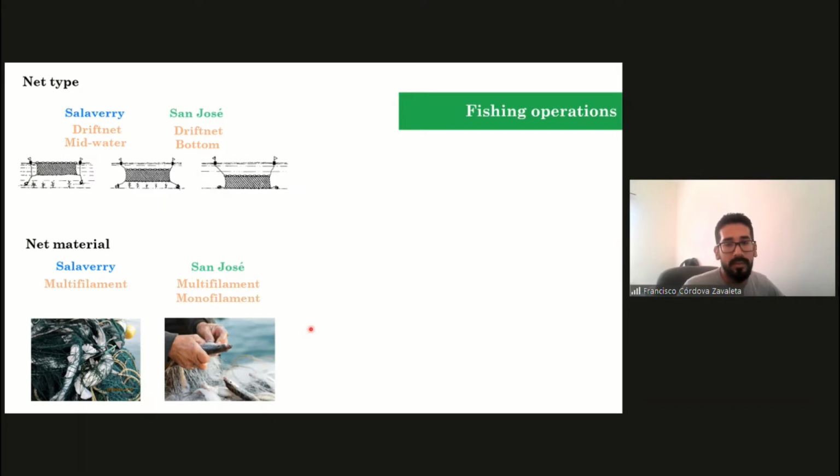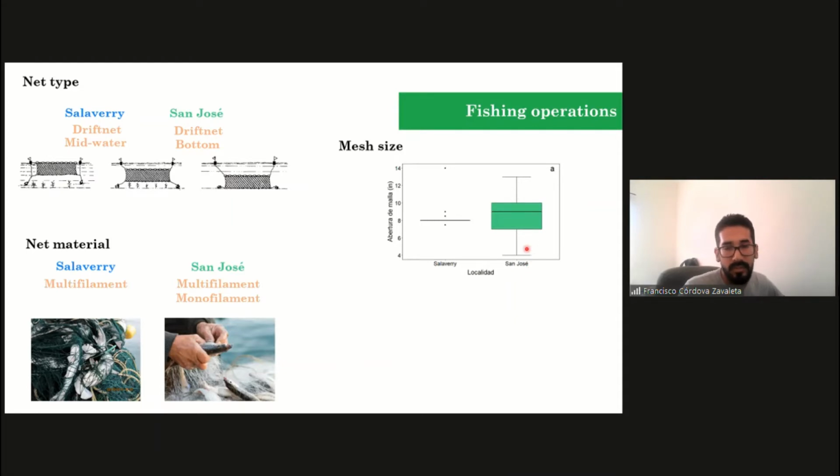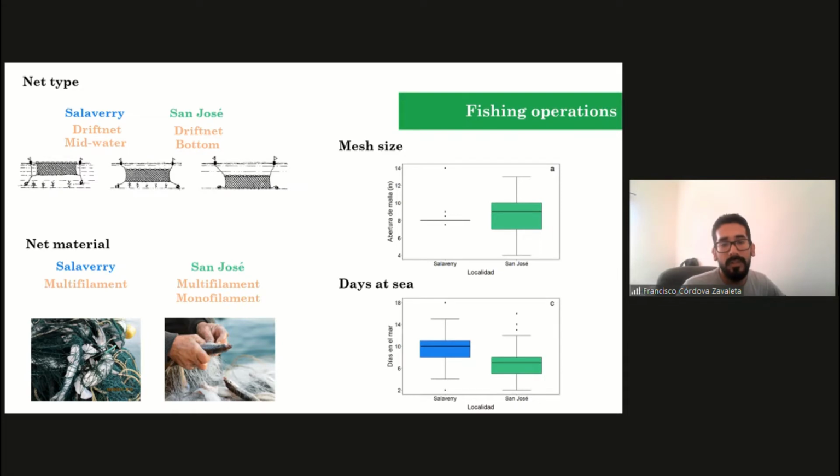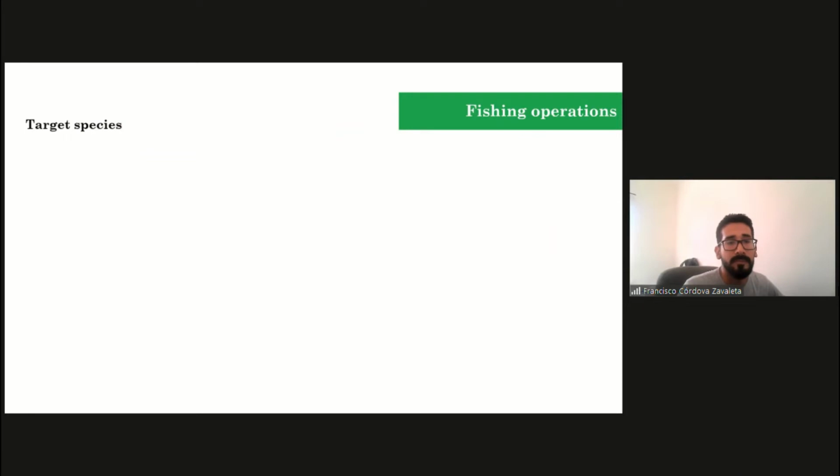And it's important to see here, when we compare with mesh size, that in San Jose the lowest mesh sizes, about 4 to 6 inches, were monofilaments, also deployed on the bottom to capture Mustelus. As for the days at sea, in Salaberry they spend more days at sea because they use far away areas in comparison to San Jose.